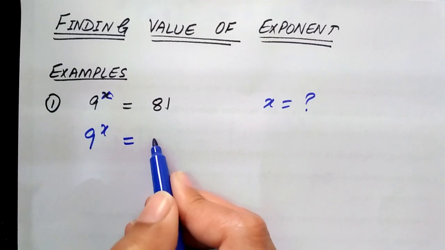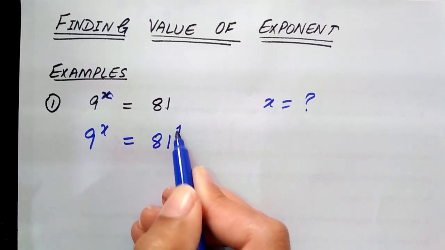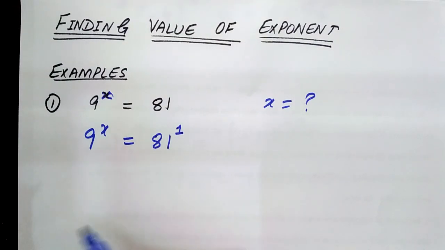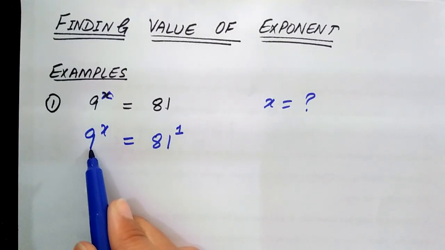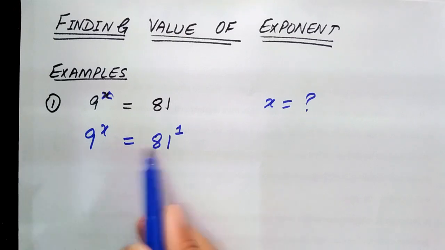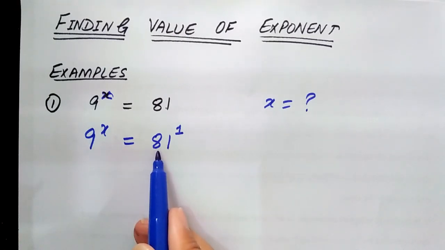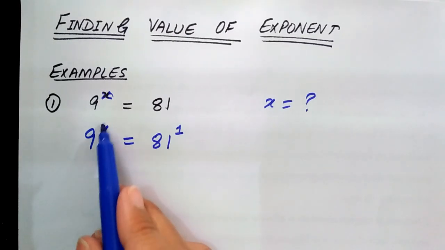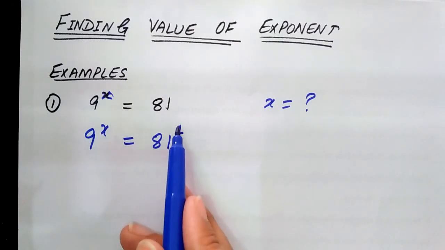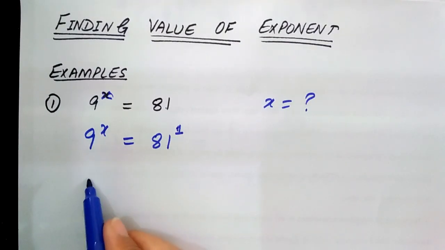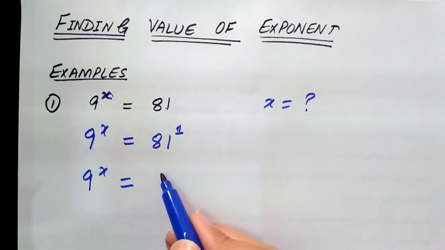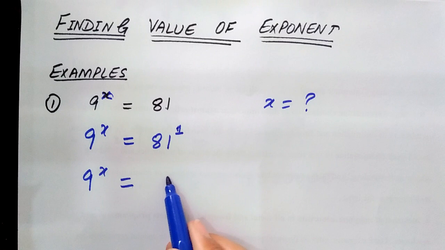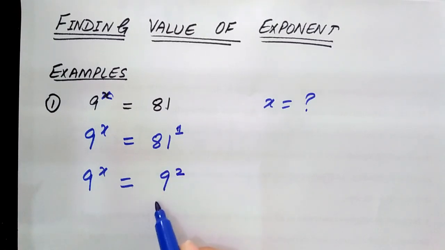9 raised to power x equals 81, and 81 is basically 81 raised to power 1. Now I will write this 81 as a power of 9 so that the base is the same and we can compare the exponents with each other. 81 can be written as a multiple of 9, and that is basically 9 square.